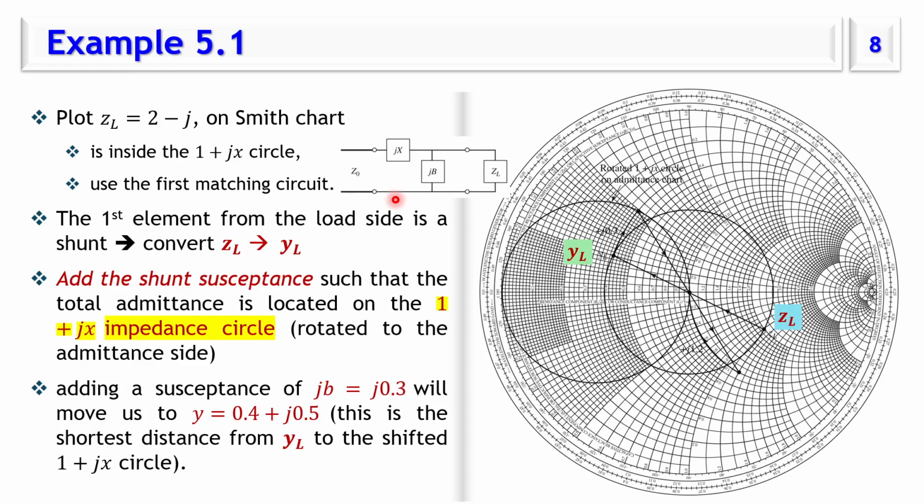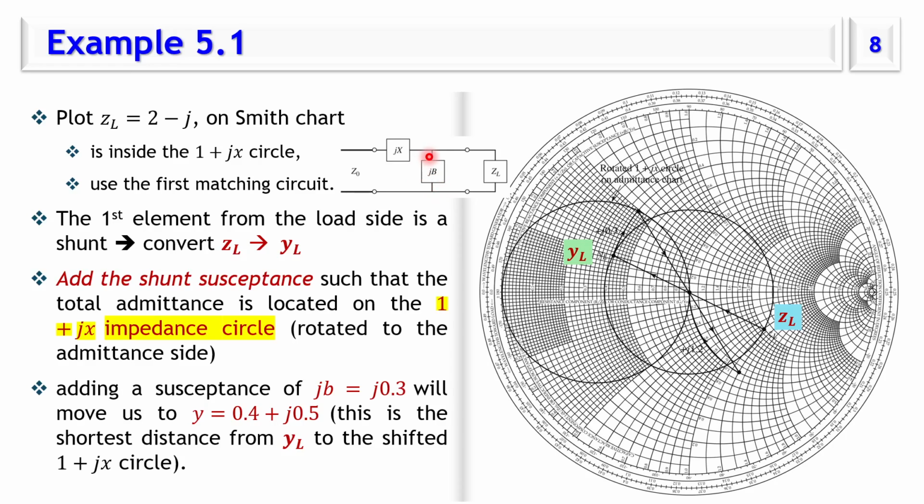So in this method, or in this lecture, we'll move from the y Smith chart to the z Smith chart, back and forth. Here we are on YL, and we need to add an element. It's a shunt reactive element, which means the real part is untouched.